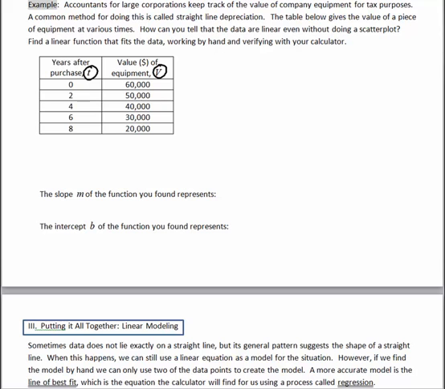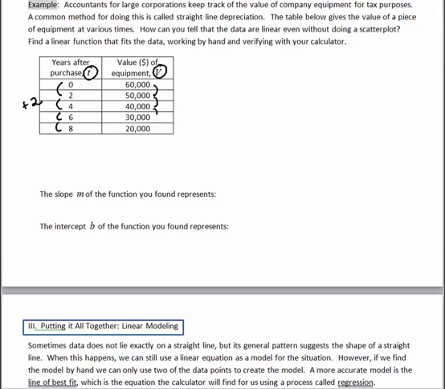First, we're asked, how can we tell that this data is linear, even without doing a scatter plot on the calculator? Well, there's sort of a regular pattern to this data that tells me that it's linear. Notice that the input, the T values, always go up 2 at a time. Consistently, they change by +2.